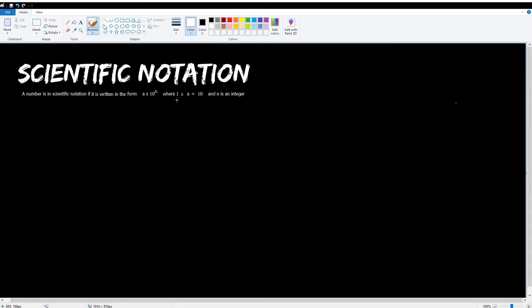For now, we will be just writing down random numbers, and then we will be converting it into scientific notation. So the first one says, in a year, light travels approximately this huge number of meters.